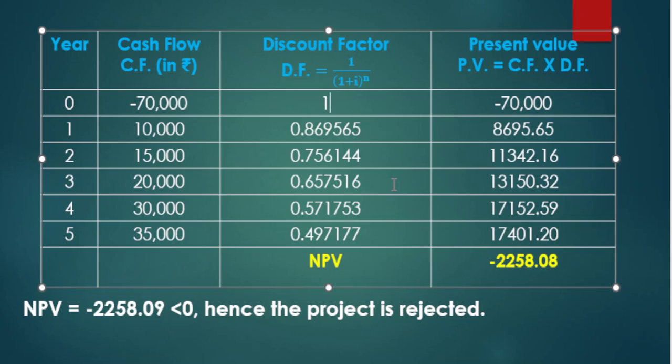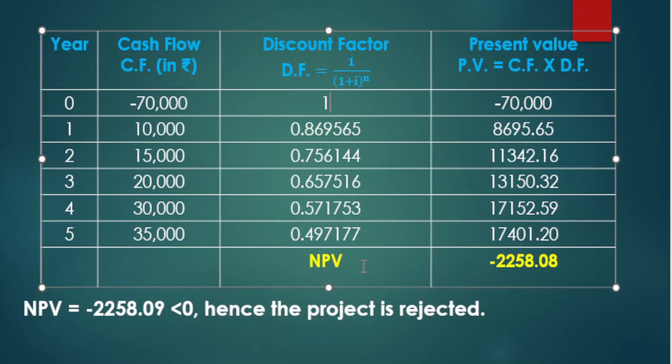After that, we get the discounting factor of the next year, the third year, and again find out the present value up to 5 years.